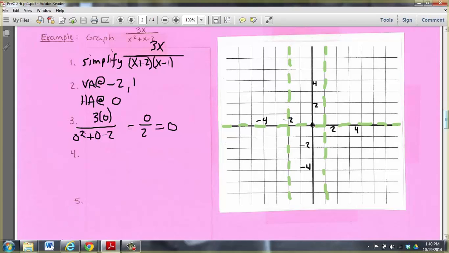If I find the x-intercepts, I'm going to take this equation and set it equal to 0.